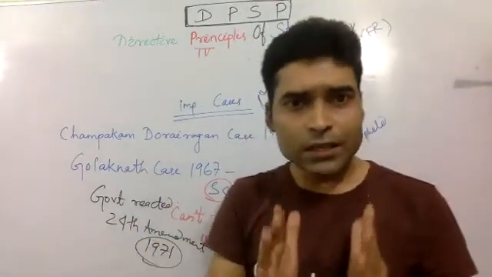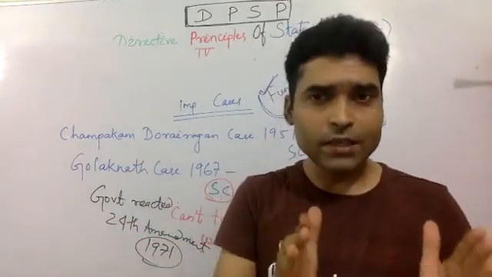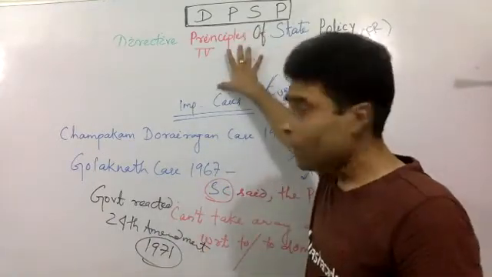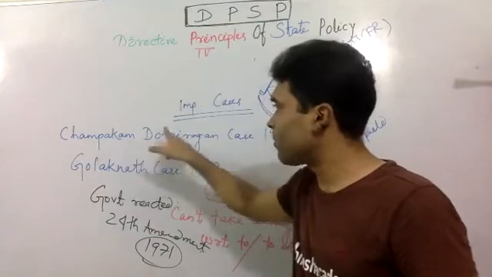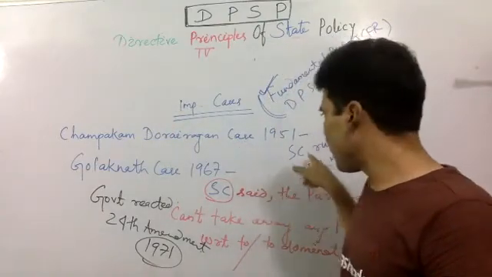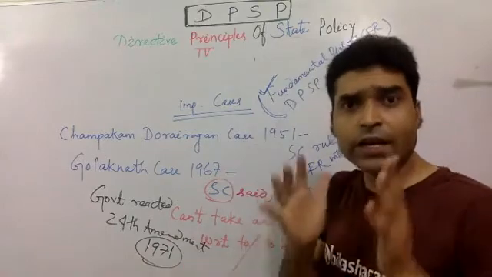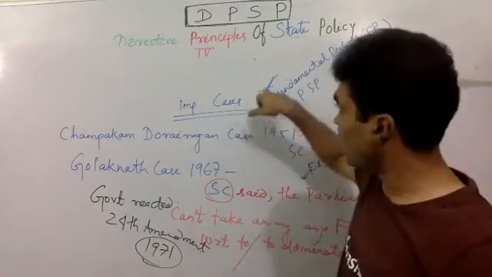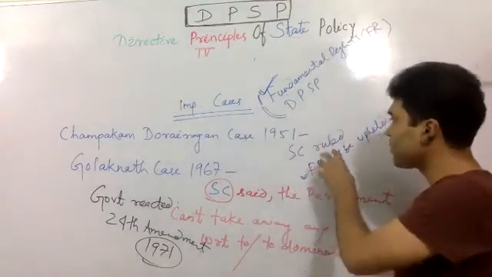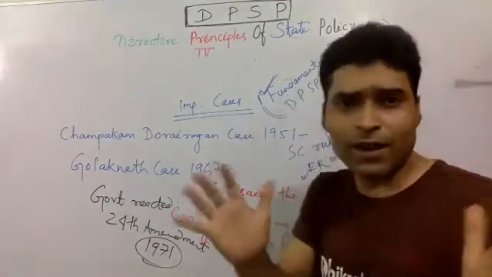We are studying the important cases related to DPSP. In the first case, Champakam Dorairajan 1951, the Supreme Court said in case of conflict between fundamental rights and DPSP, the former will prevail. That means fundamental rights will be there.